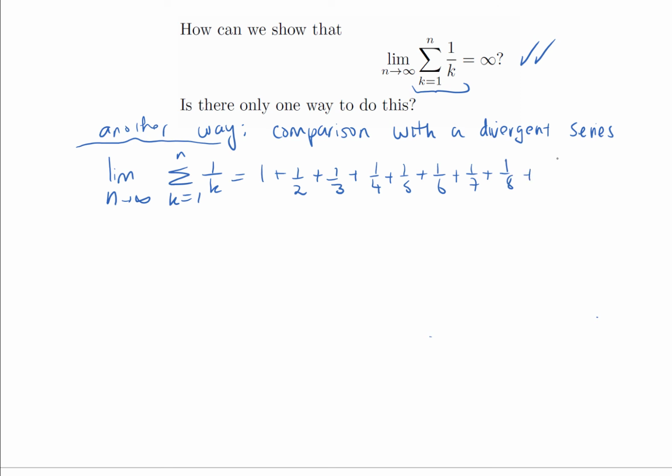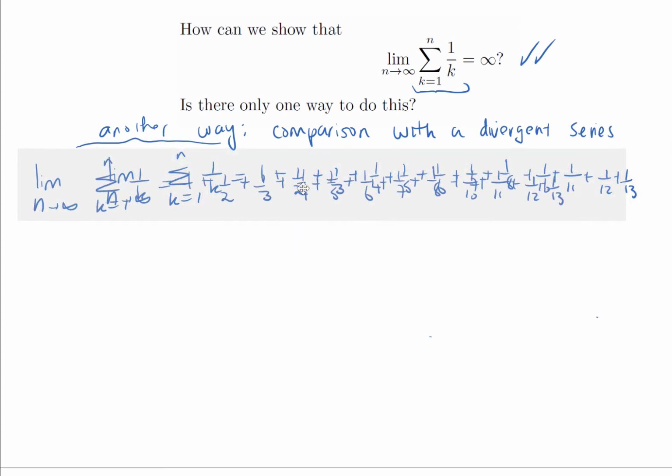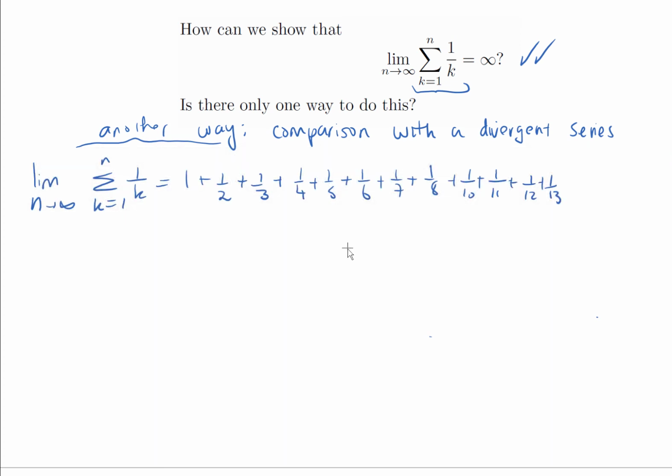And I'm going to write some more terms because I will show you how the approach will work very explicitly. So 1 over 13, and let me add some more terms. There you go. So we have 1 over 14, 1 over 15, 1 over 16, and we keep going.